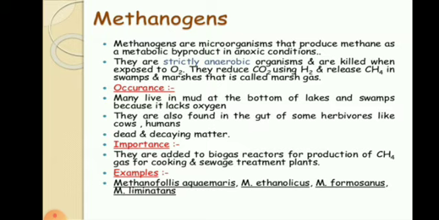They occur in the mud at the bottom of lakes and swamps. They are also found in the gut of some herbivores, cows, and humans also. They are present in dead and decaying matter, and it is very important because they are added to biogas reactors for production of methane gas for cooking and sewage treatment.